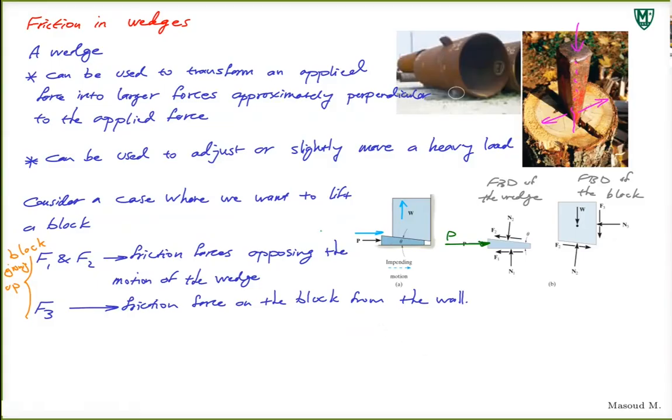If this is the wedge, this is the block, and this is the wedge, if I wanted to pull this block down, I had to pull the wedge to the left. Right? I had to pull the wedge to the left so the block would come down.